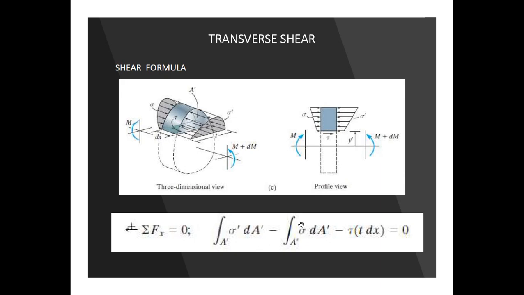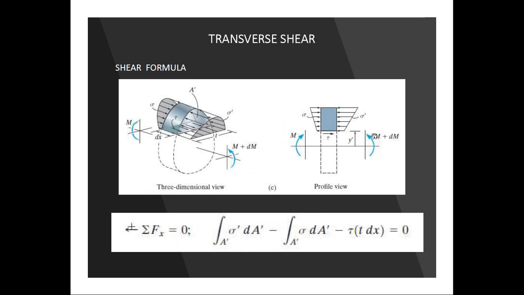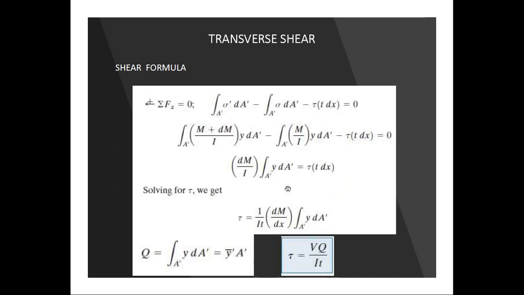For sigma dash, which is due to M plus dM, and for sigma, which is due to M, we substitute, giving (M plus dM) upon I into y into dA dash, which remains the same, minus M upon I into y into dA dash.